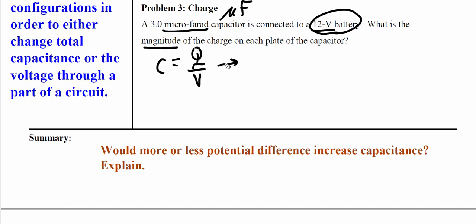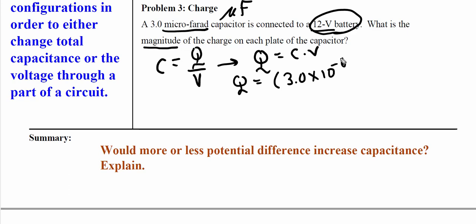So if we go ahead and solve this for Q, we get this set up. And that gives us, the coulomb is 3.0 times 10 to the negative 6. Sorry, this is the capacitance, farads. It gets confusing with the C's everywhere, right?